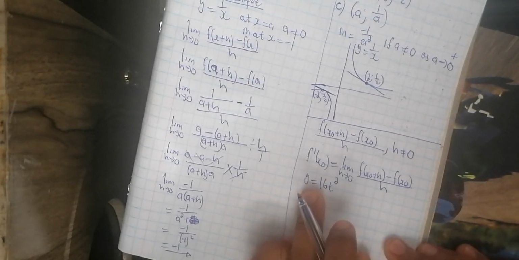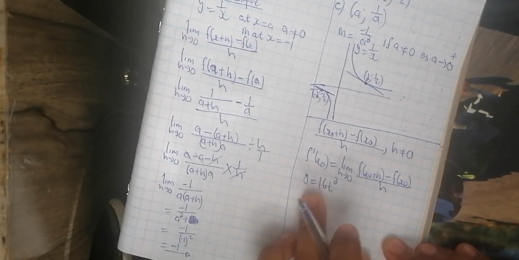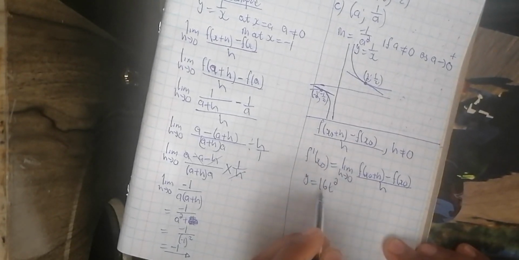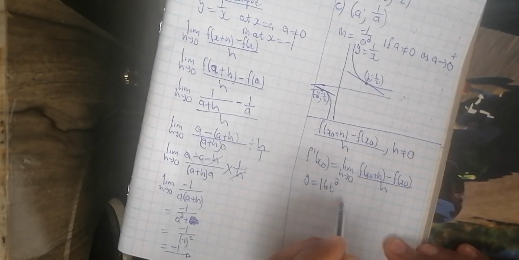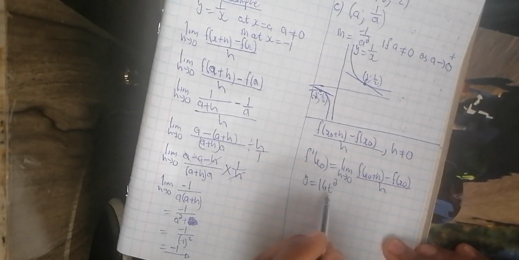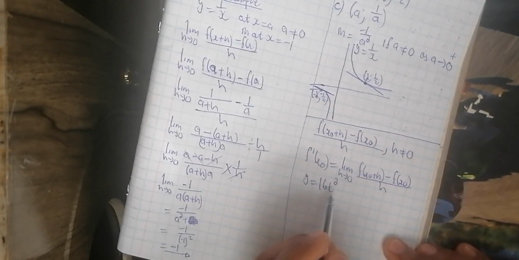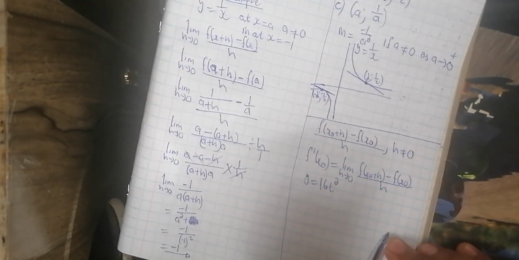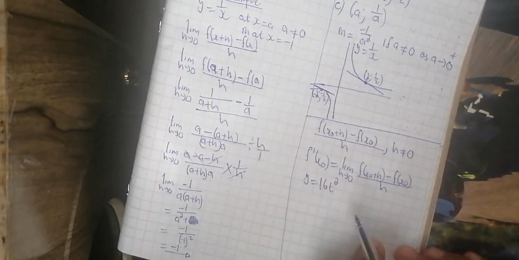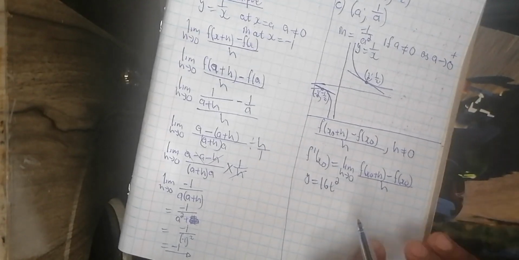Let's say the movement of the rock is given by the equation y equals 16t squared feet during the first t seconds, and we used a sequence of average rates over increasingly short intervals to estimate the rock speed at the instant t equals 1.